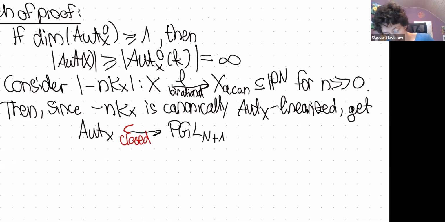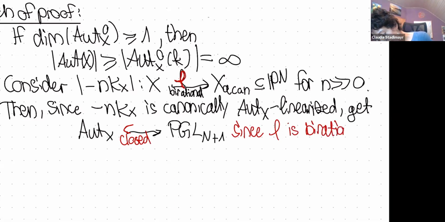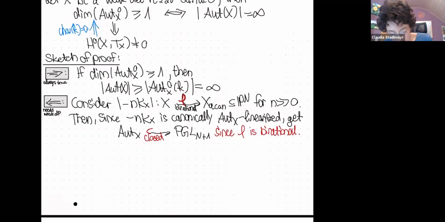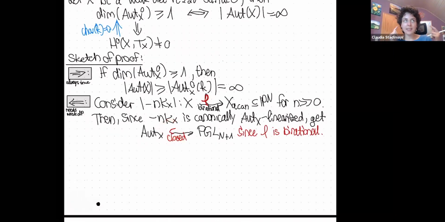And this is true because phi, our morphism to the anti-canonical model, is birational. So the argument for injectivity here is the same as the one I sketched in the second bullet point of Blanchard's lemma, because X and X anti-canonical model are birational to one another. And closedness can also be easily checked, but I don't want to do this in the talk here.